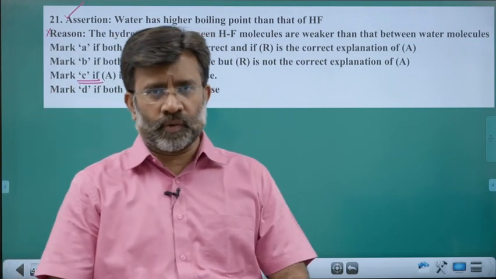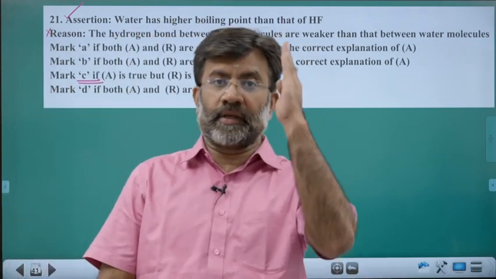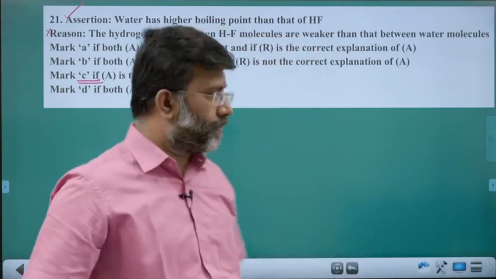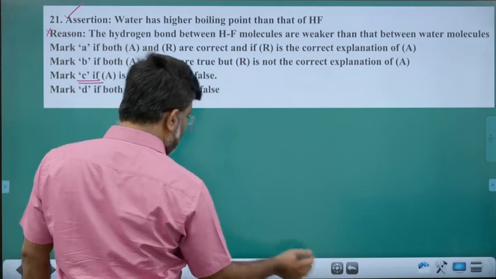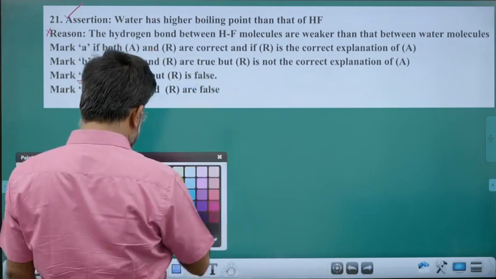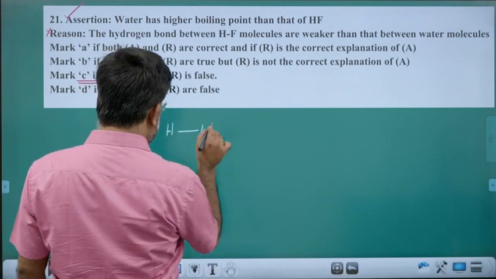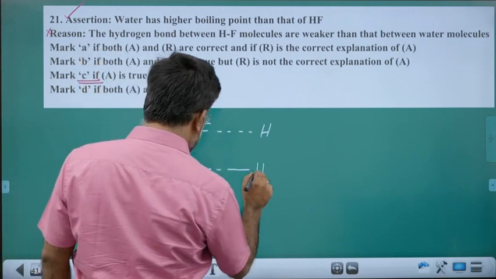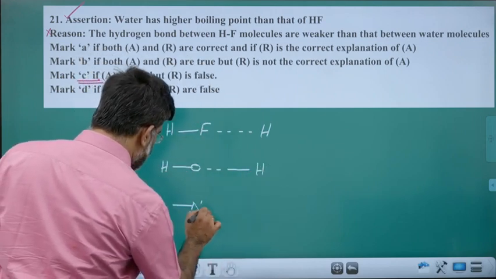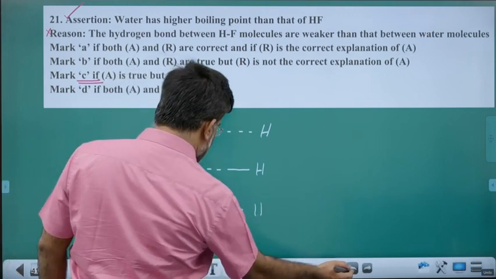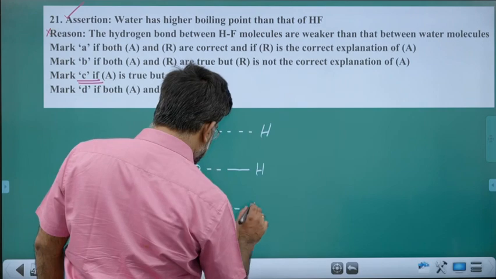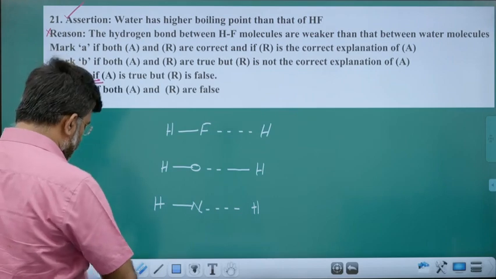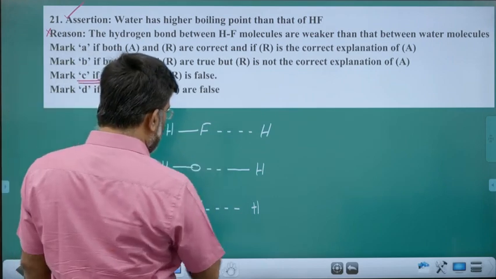See, in water molecules, the extent of hydrogen bonding is greater. Of course, in HF, hydrogen bonding is stronger. When you compare the hydrogen bonding, say in case of HF, H2O, and NH3, these are the three examples giving hydrogen bonding.